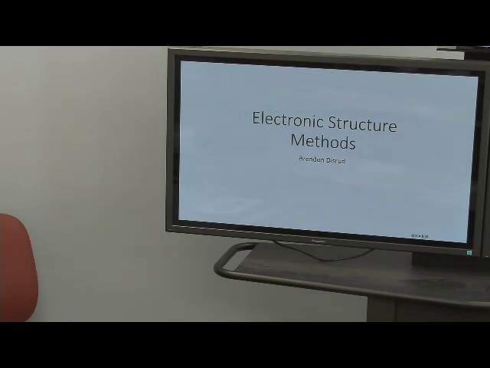All right, I'll try and go quick here. My name is Brendan Disroot, and I'm going to give a brief overview of electronic structure methods in computational chemistry. First off, what do these do? The simplest way to say what they do is they help us calculate the energy of a system and the parts of the system.